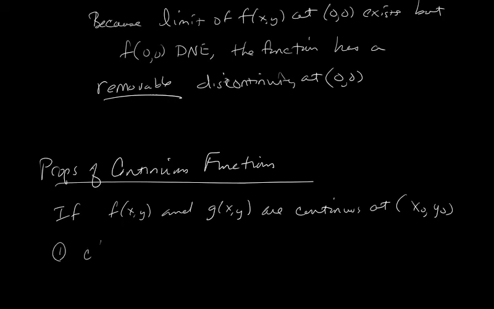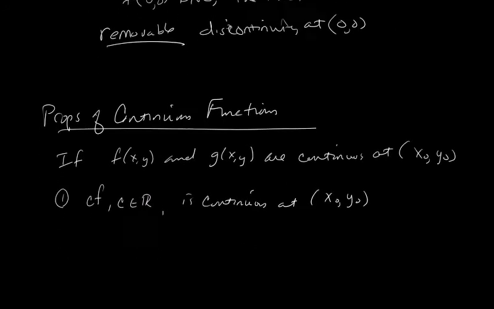Number 1, for some constant c times f, where c is just some real number constant, that's going to be continuous at (x naught, y naught). So multiplying by a constant does not affect continuity.